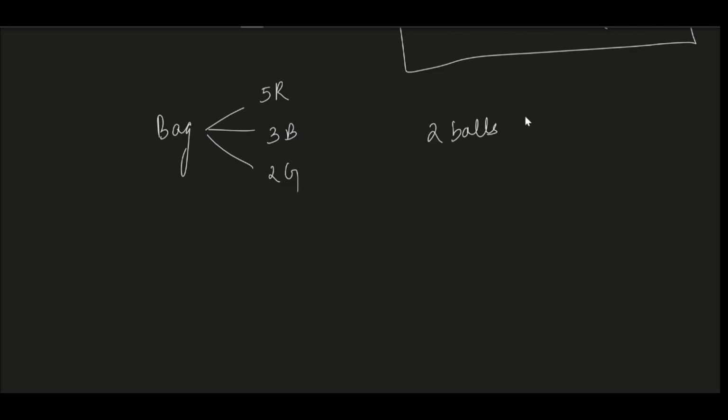Let's do one IB styled question based on conditional probability. There's a bag which contains 5 red balls, 3 blue balls, and 2 green balls. Now, 2 balls are selected without replacement, so we are not putting the balls back into the bag after we draw them.